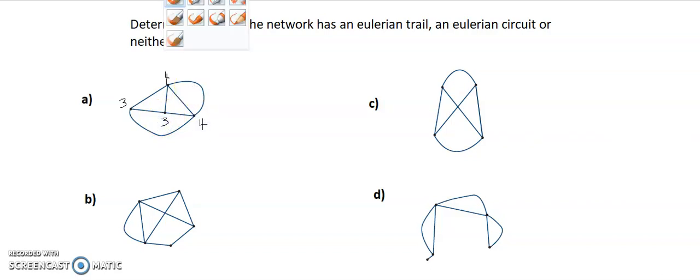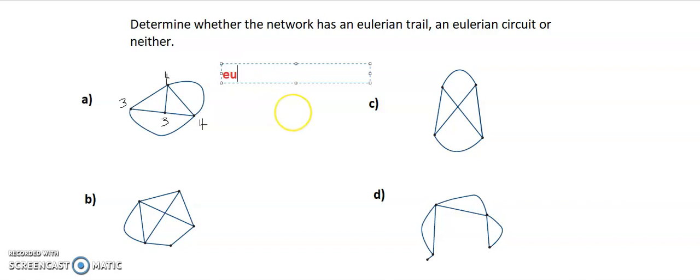That tells me that it is going to be a Eulerian trail because it has 2 vertices that are odd. So I'm going to start at one and I'm going to finish at the other.